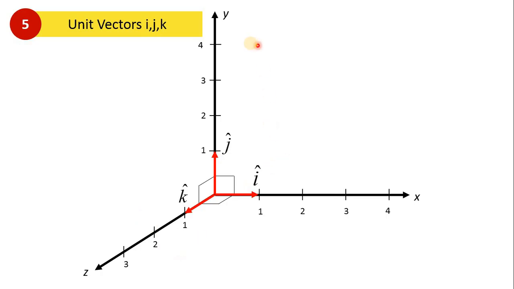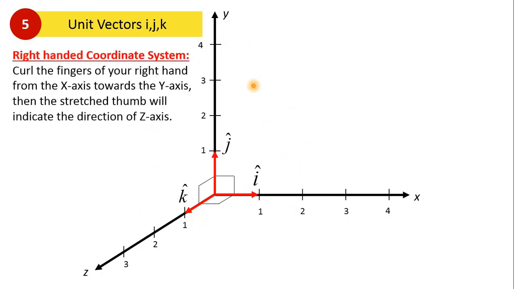Now, as I said, this type of coordinate system is called a right-handed coordinate system. It is a custom that we will be using only the right-handed coordinate system, not the left-handed coordinate system, in our study of mathematics and physics. Let us understand the meaning of the right-handed coordinate system.